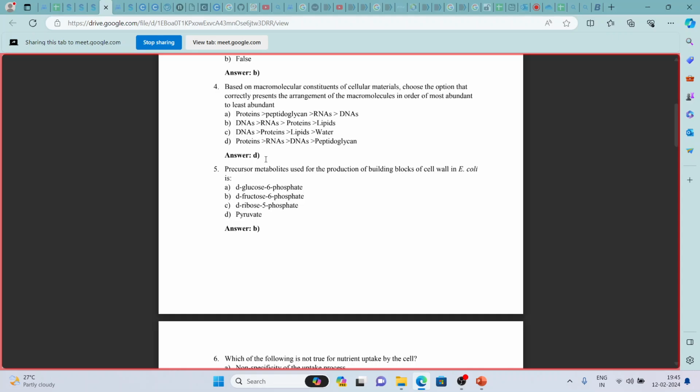And from one RNA, with the translational apparatus present in the cell, hundreds and thousands of copies of proteins can be created. That way, the amount of protein within the cell is always greater than the amount of RNA, and the amount of RNA is always greater than the amount of DNA. And peptidoglycan is a part of the cell's outer membrane.